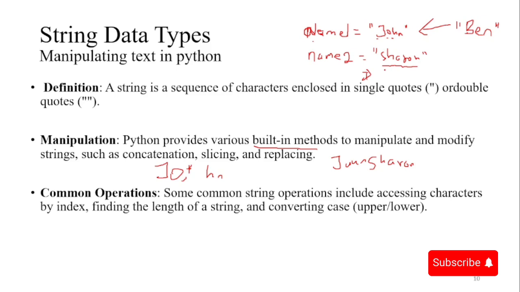We perform this using the built-in functions. Or we can check the length of a string, meaning the total number of characters in this string. For example, here I have 1, 2, 3, 4, 5, 6. It will tell me I have a total of 6 characters. That is some of the common operations that we'll discuss later.